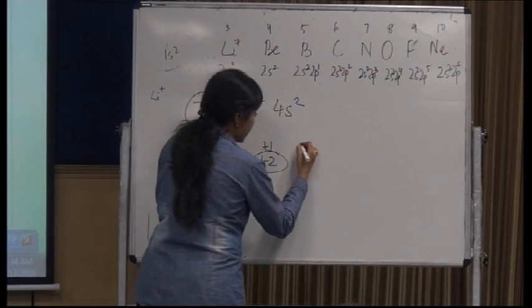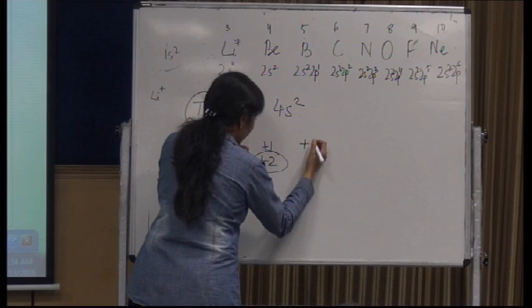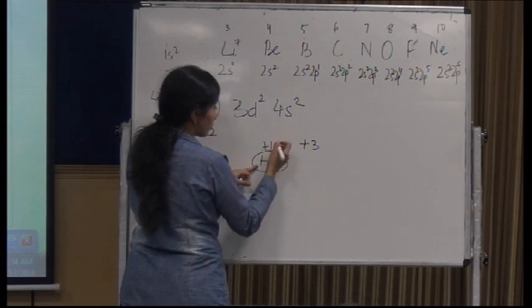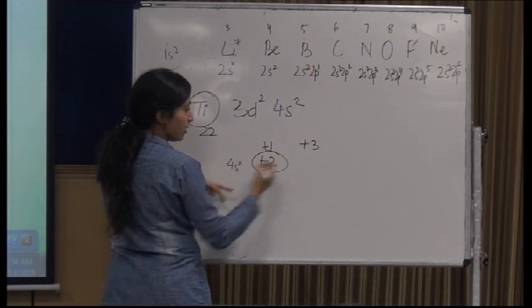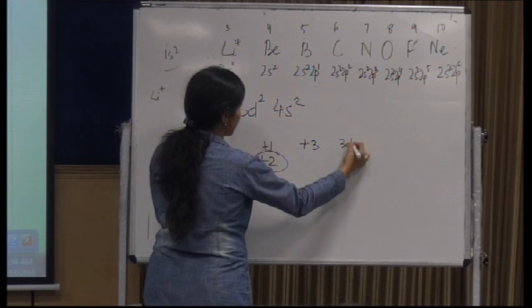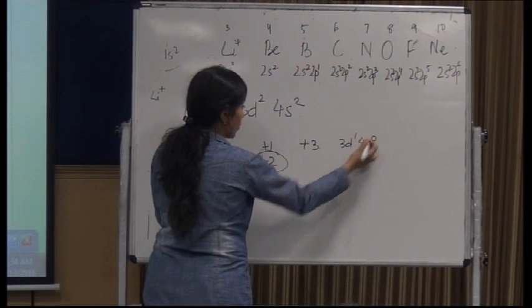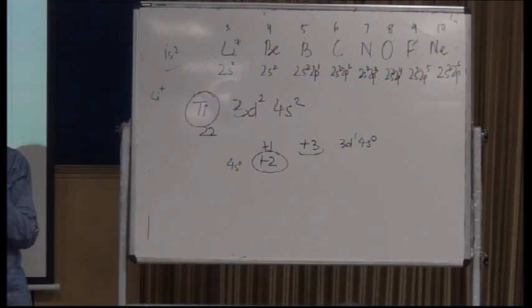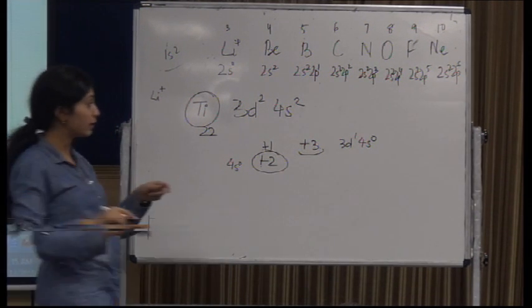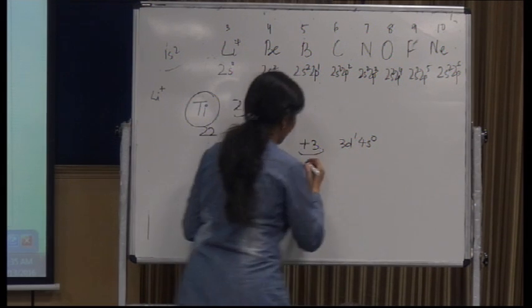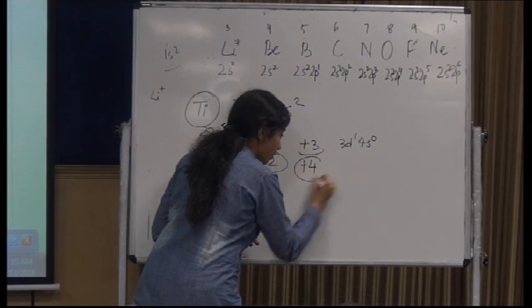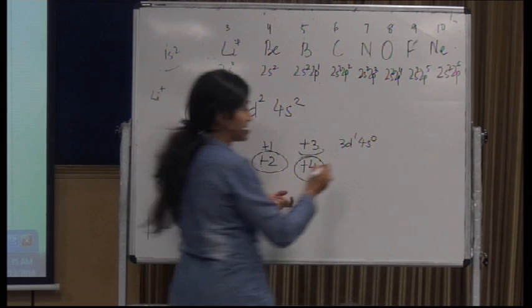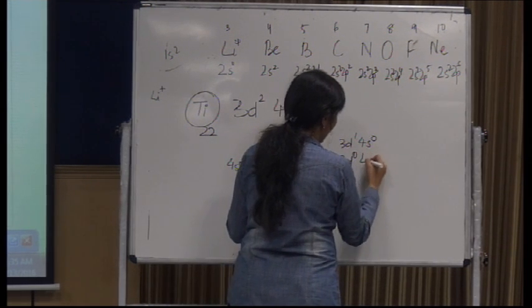Now for the next case, when it shows +3, from +2 where it becomes 4s0, it will show 3d1 4s0. So that will also be stable because it is looking for the argon configuration. And when it shows +4, it will be 3d0 4s0.